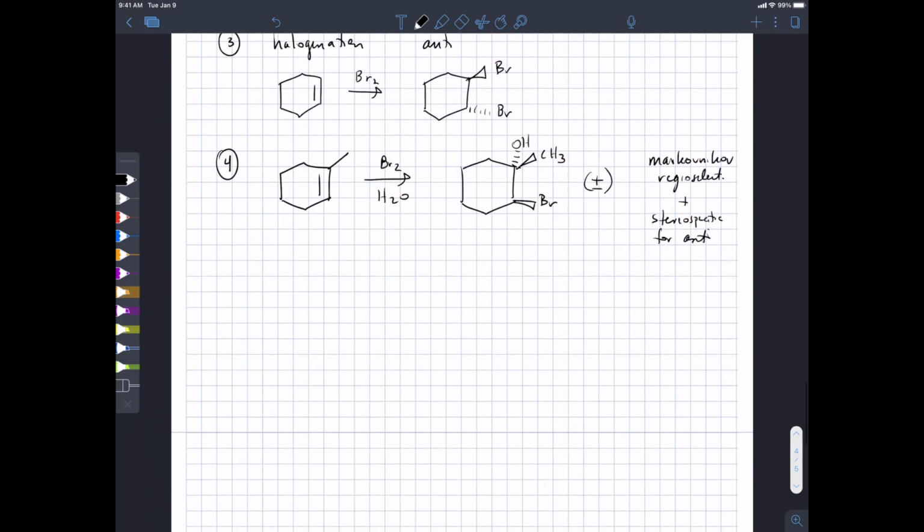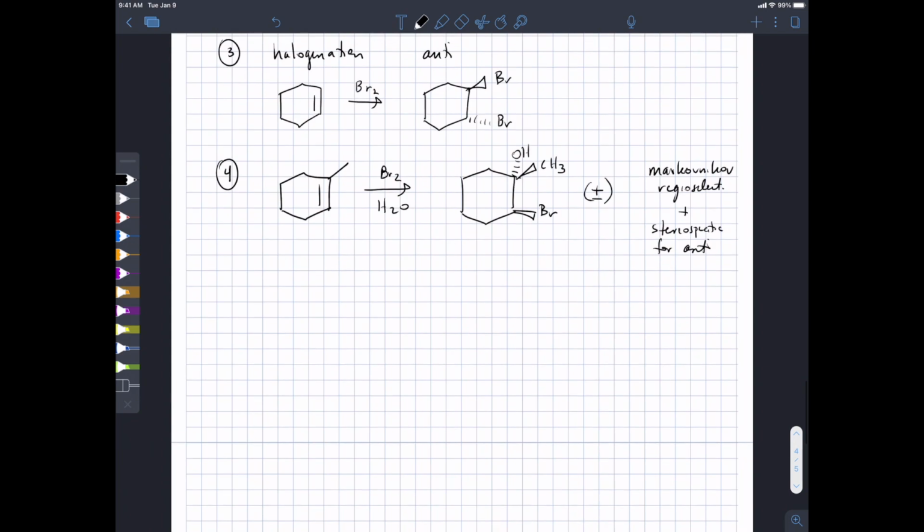So now the last reaction from this chapter is going to satisfy both of those things. We're going to get anti-Markovnikov regioselectivity, meaning we're actually going to put OH on the less substituted carbon. And second, it's going to be a syn addition.